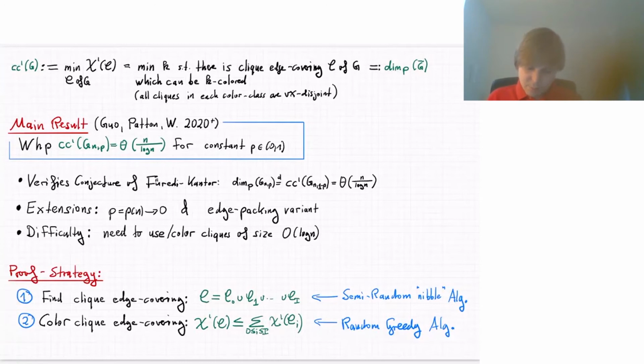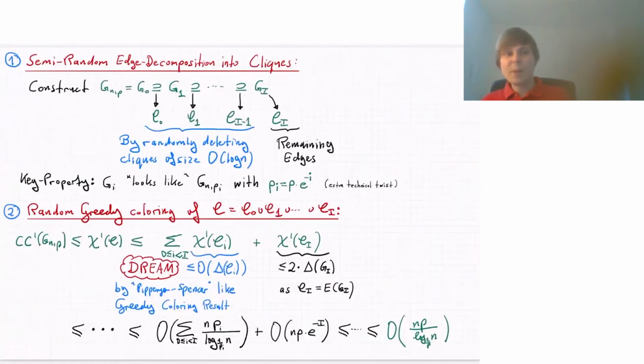And let me maybe say one or two words more about it. Okay, so the first part is that we want to decompose the edge set into cliques.